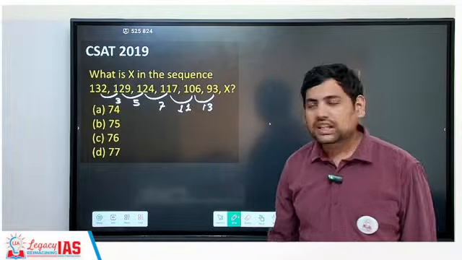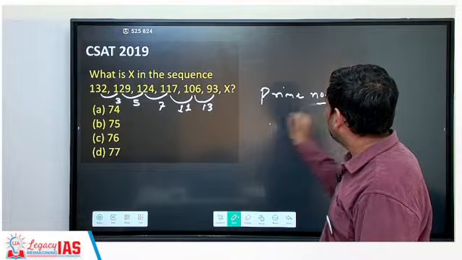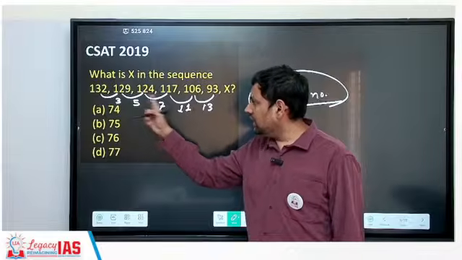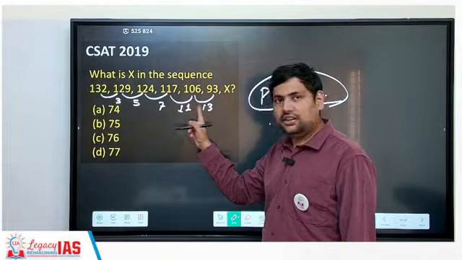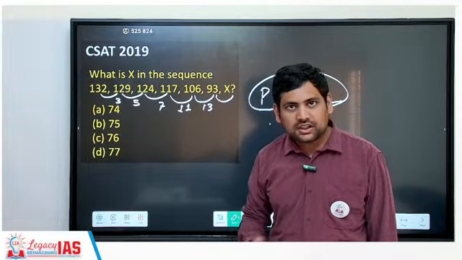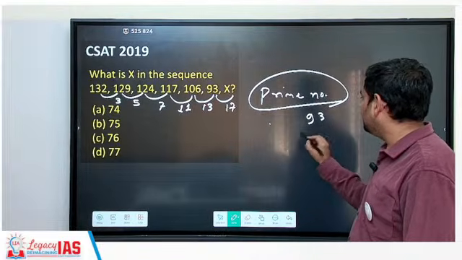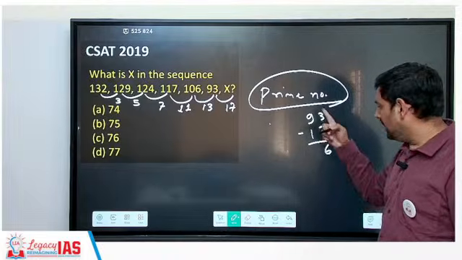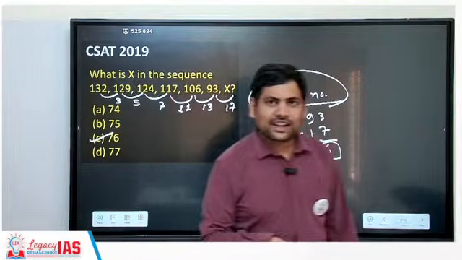Because they are only subtracting the UPSC favorite, prime numbers. So the difference was 3, 5, 7, then 9. 9 is not a prime number. So 11, then 13. Next difference would not be 15. Why? 15 is not a prime number. Next difference will be of 17. So it becomes 93 minus 17, 76. Understood?